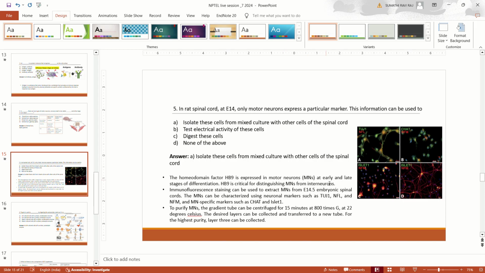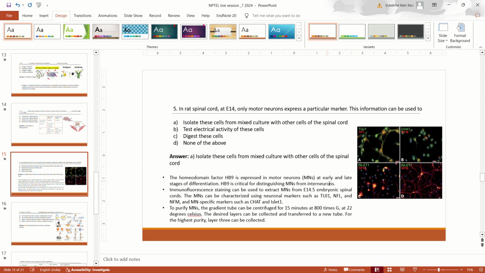After tagging and identification, you can use flow cytometry or immunopanning, or if the cells differ in size and density, you can even use density gradient isolation. You do your centrifugation and then you will have different layers of cells based on the density of the cells.